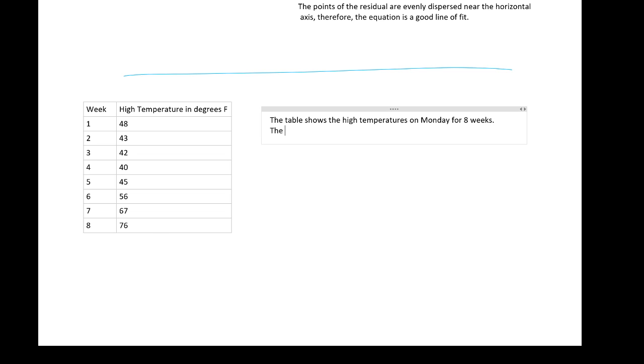The equation y equals 7x minus 8 is the model. Is it a good fit?